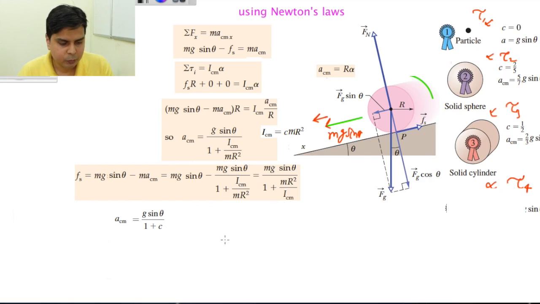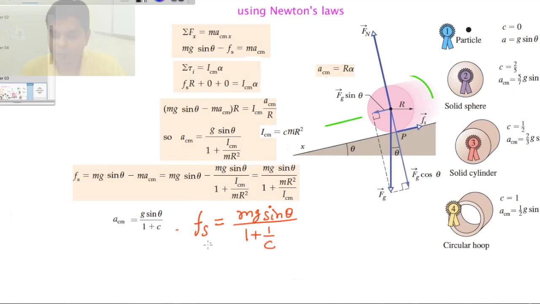So I can write my Fs as mg sin theta by 1 plus this ICM is C mr square, so I will get 1 plus C inverse. So let's calculate what is the force of friction required. This Fs will be mg sin theta minus m ACM, and this you can solve as mg sin theta by 1 plus mr square by ICM, so you will get mg sin theta by 1 plus 1 by C.